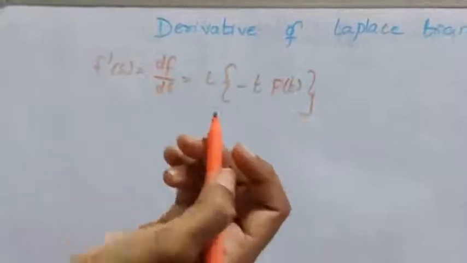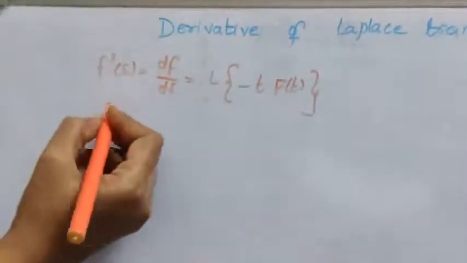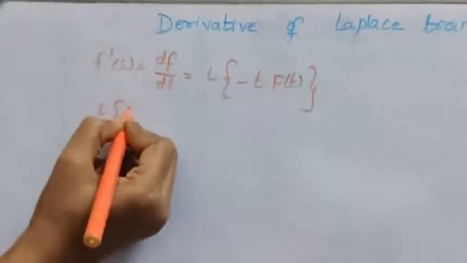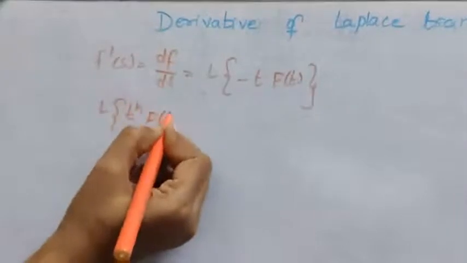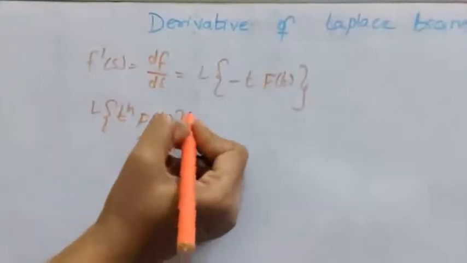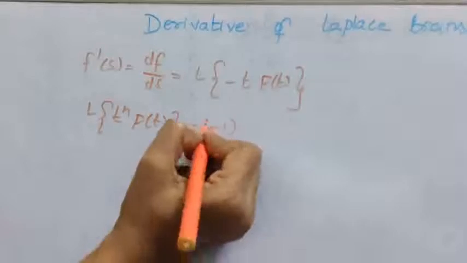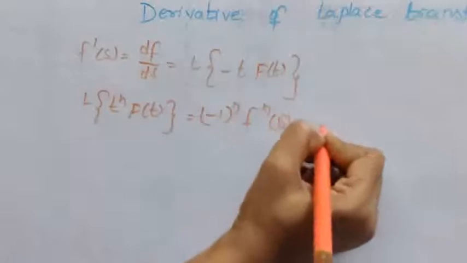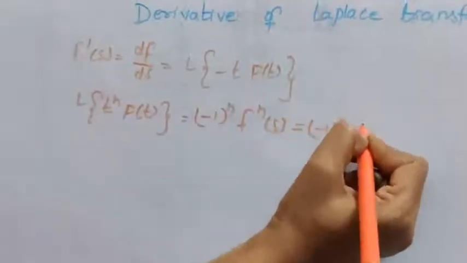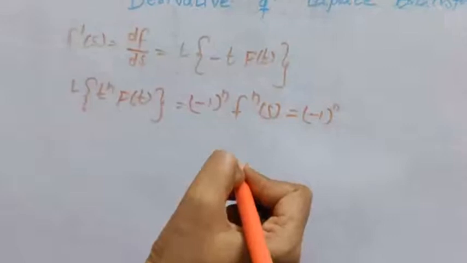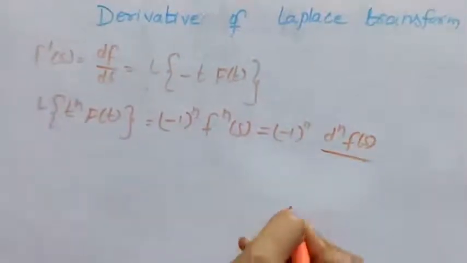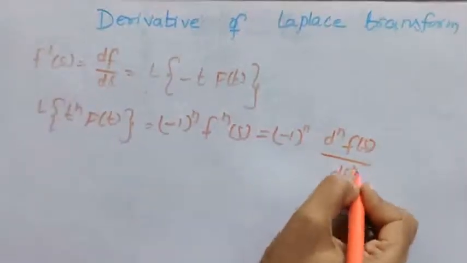t. And in general, how can you represent this derivative of Laplace transform? L of t power n into f of t is equal to minus 1 whole power n, F n of s, is equal to minus 1 whole power n, d n f of s by ds power n.